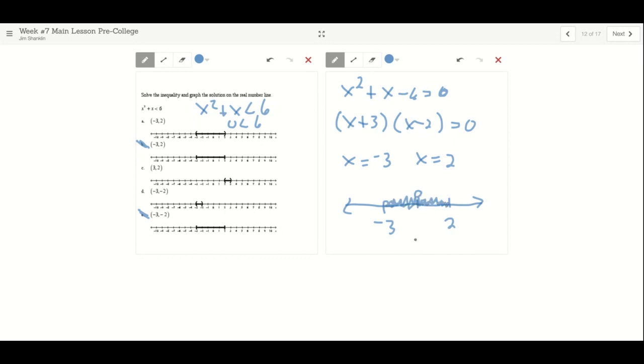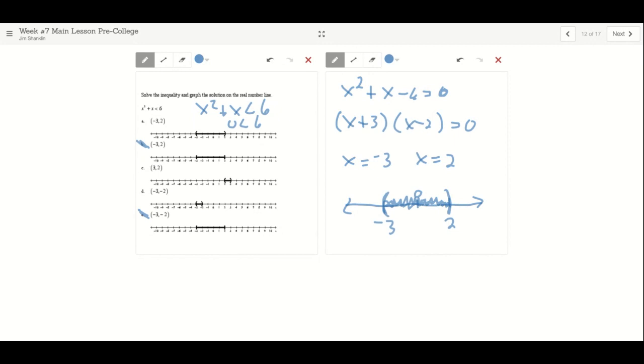Now it's a less than symbol, so it really better be the rounded brackets, right? So this is what my answer should look like. It should be everything between negative 3 and 2. So it looks like A. Is that correct? Looks like it should be A.